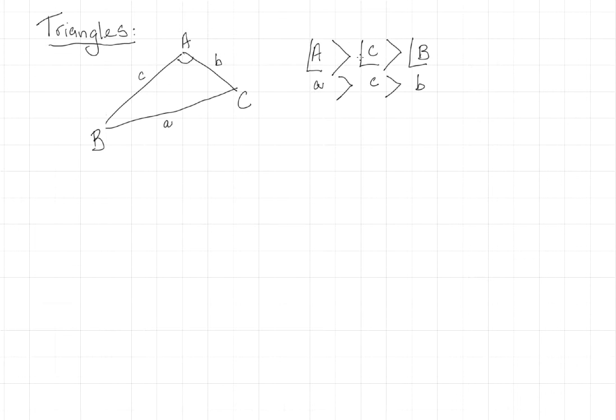Obviously, the letters can interchange if we name them in a different order. But you get the idea that the largest side is always opposite the largest angle, and vice versa. The middle side is opposite the middle angle, and the smallest side is always opposite the smallest angle in a triangle.